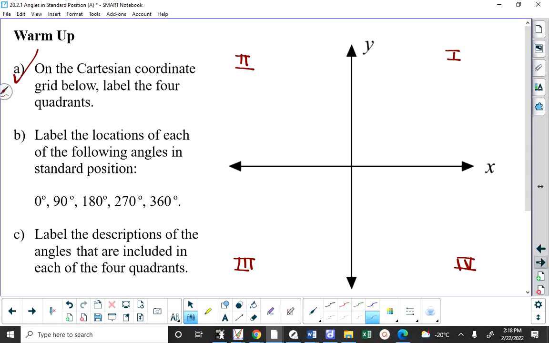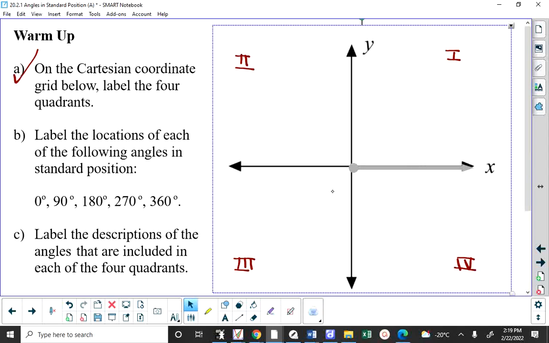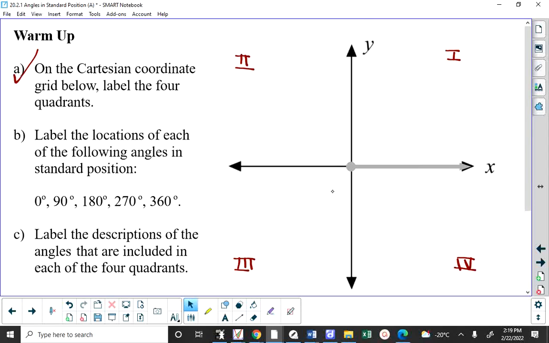Label each of the following rotation angles in standard position. So, what does 0 degrees mean? It means that you take the initial arm that is always in this location, and the initial arm always has its vertex at the origin, and you rotate it counterclockwise, keeping the vertex in a fixed point.